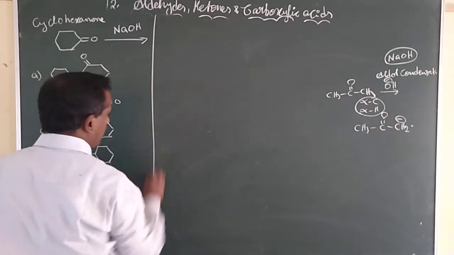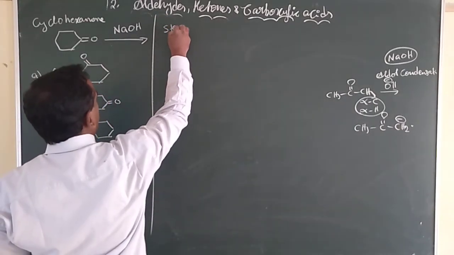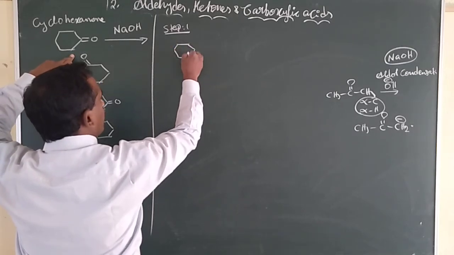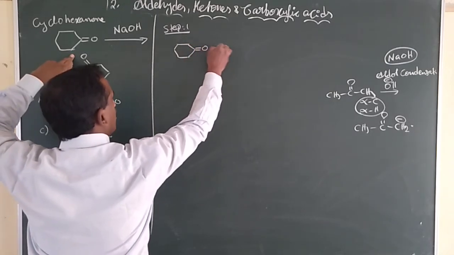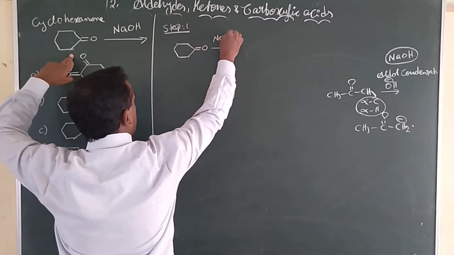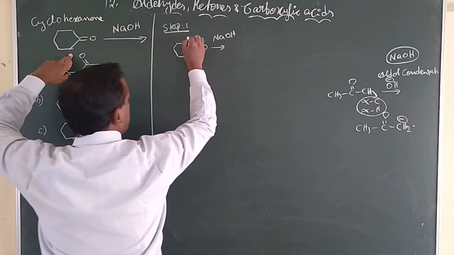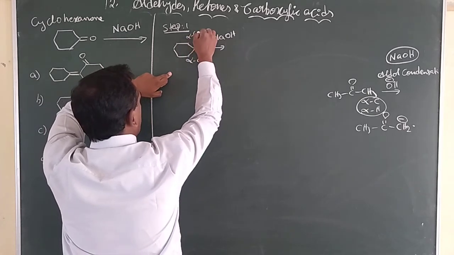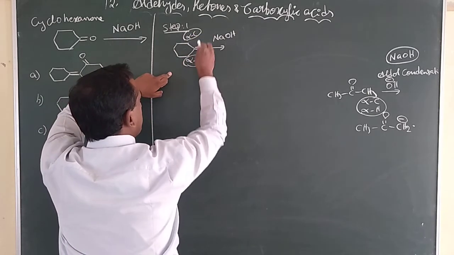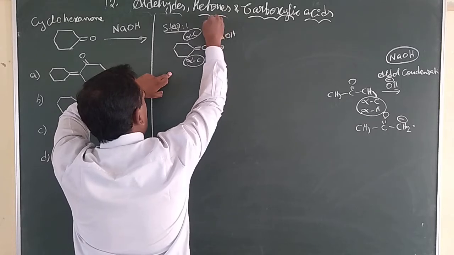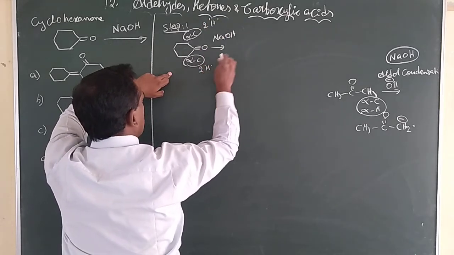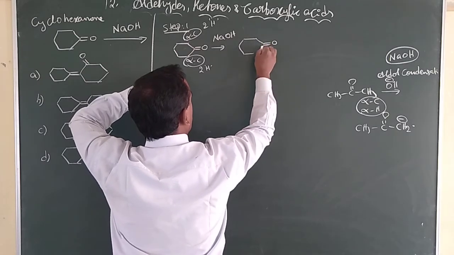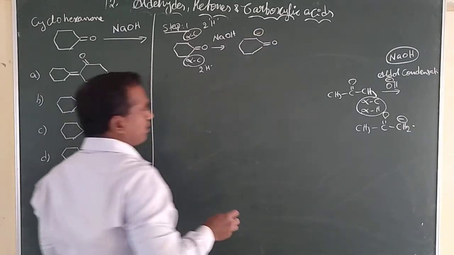So under step 1, one of the compounds, when reacted with a base, loses one hydrogen. This has an alpha carbon, and on each alpha carbon two hydrogens are there. So I am removing one hydrogen and forming an anion.